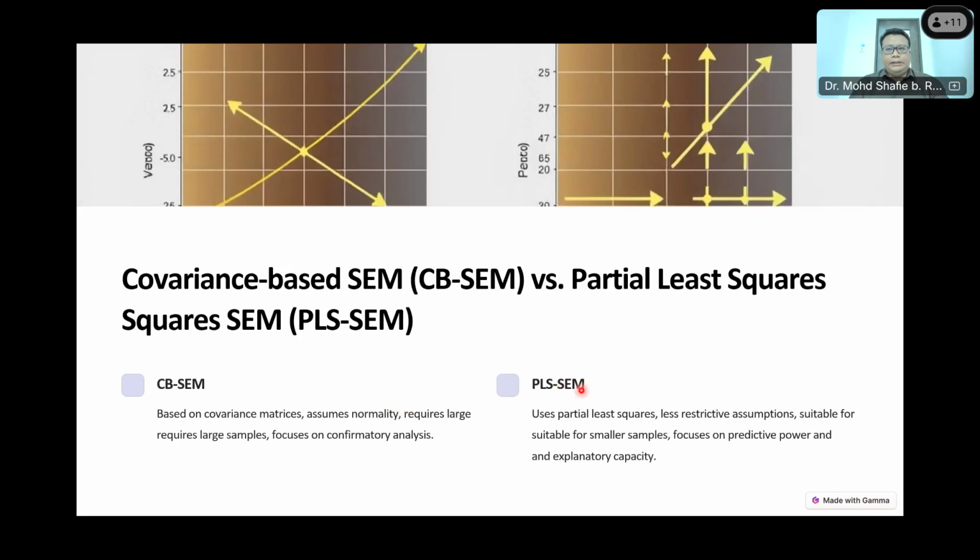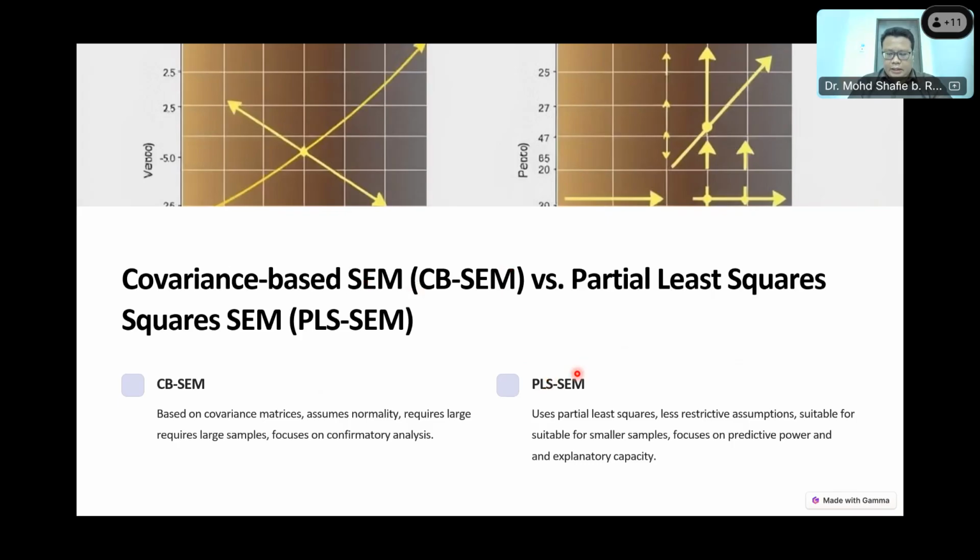However, another popular software is SmartPLS. SmartPLS can use partial least squares, and I think last year or the last two years, SmartPLS released a new algorithm where you can also use covariance-based SEM inside the software.